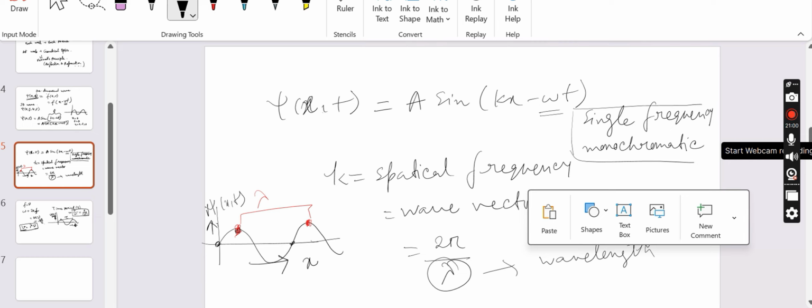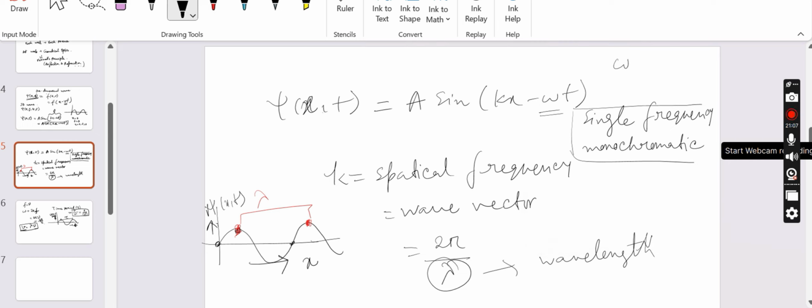So for now, we only stick to the definition of single frequency, and basically in single frequency we assume that bandwidth is almost zero. The bandwidth means the spread of frequency.